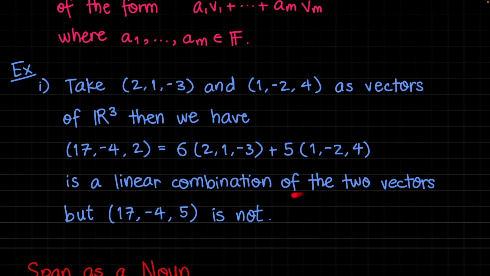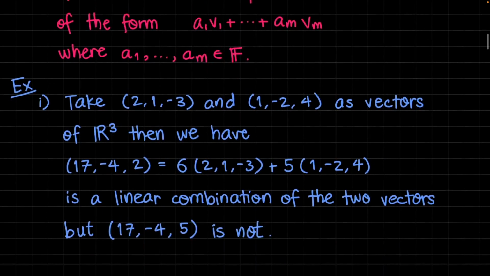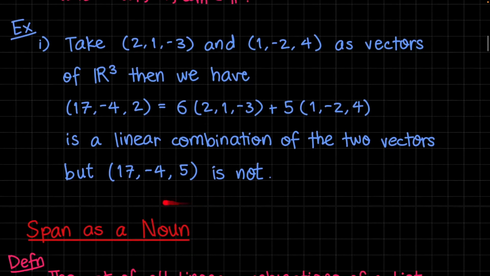And you can again try all kinds of values of the scalar field. 17, negative 4, 5 is not a linear combination. No matter what scalar values of a1, a2 you try, you will never have an equation of this kind for 17, negative 4, 5. So that is a non-example, and this one is an example.